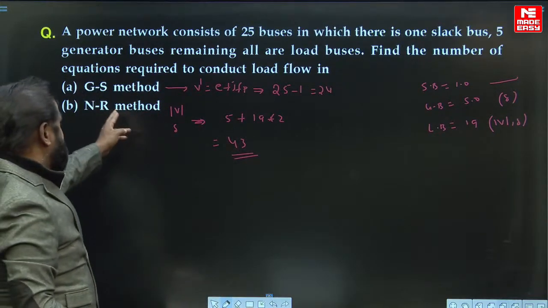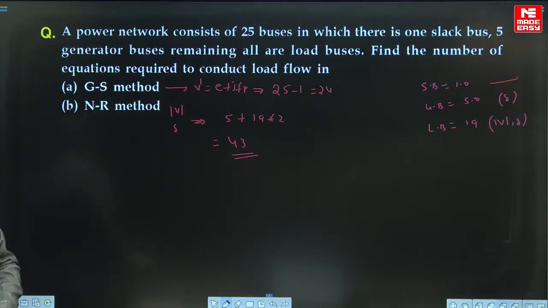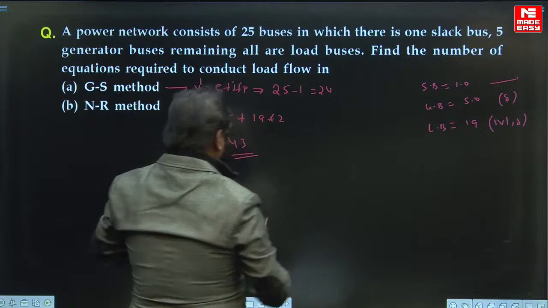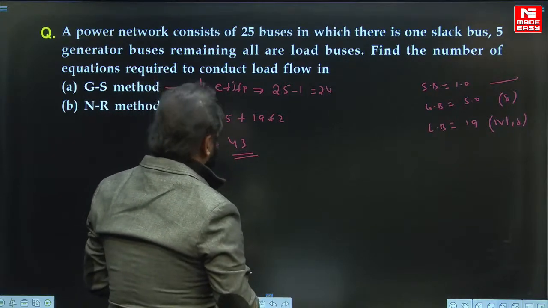Clear? 43 equations are required. Okay, that is the differentiation in the NR method as well as the Gauss-Seidel method.